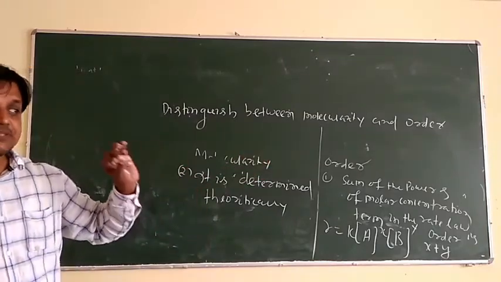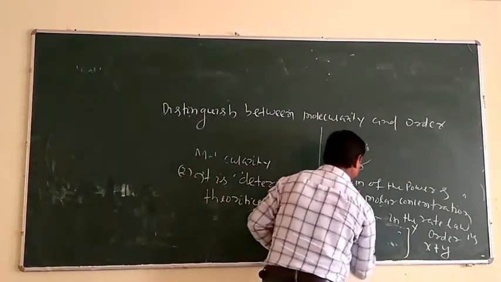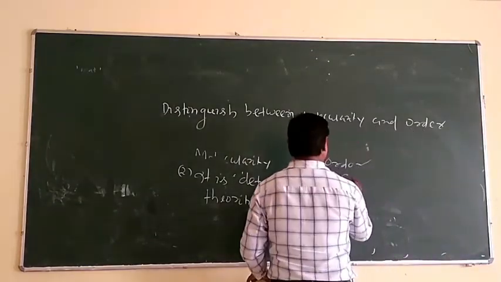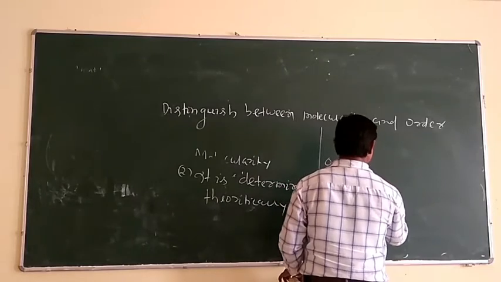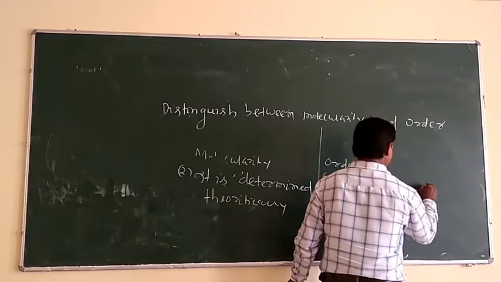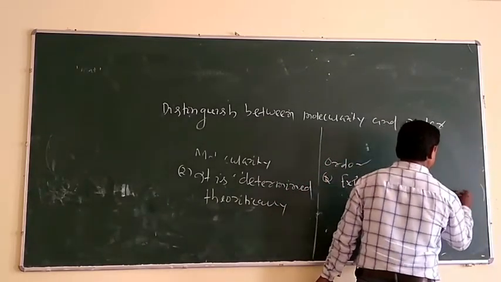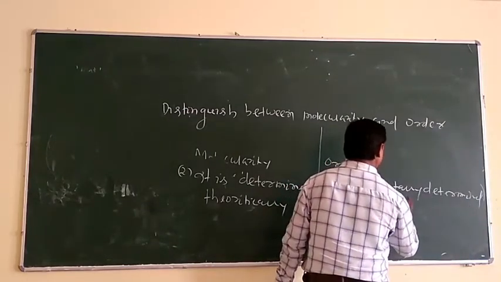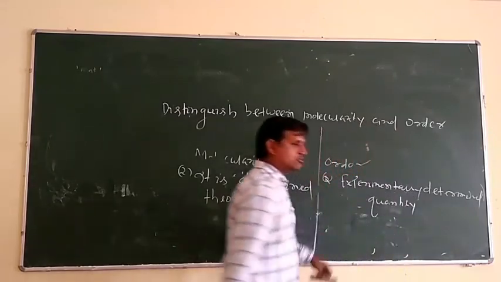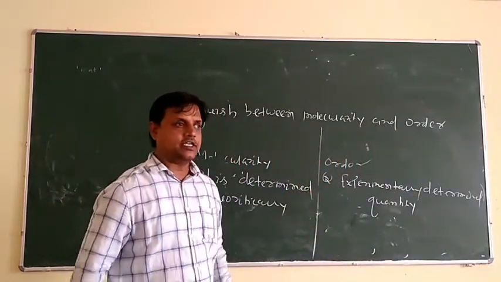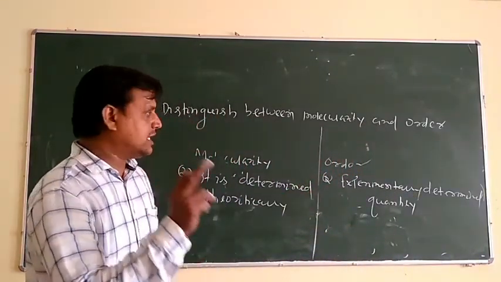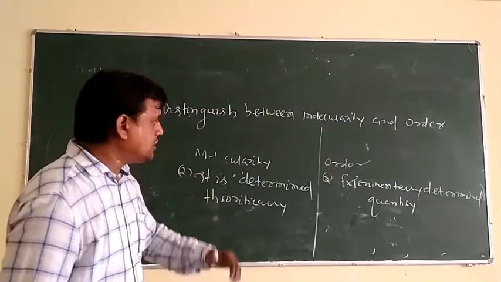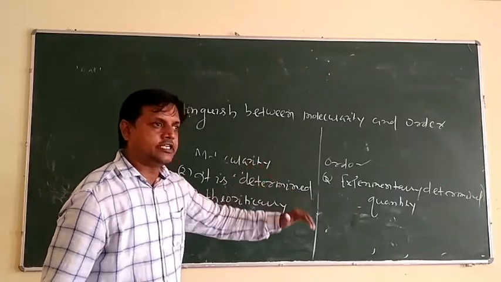Order is an experimentally determined quantity. Why is it experimentally determined? Because order can be calculated from the rate law equation, and our rate law equation is experimentally determined.